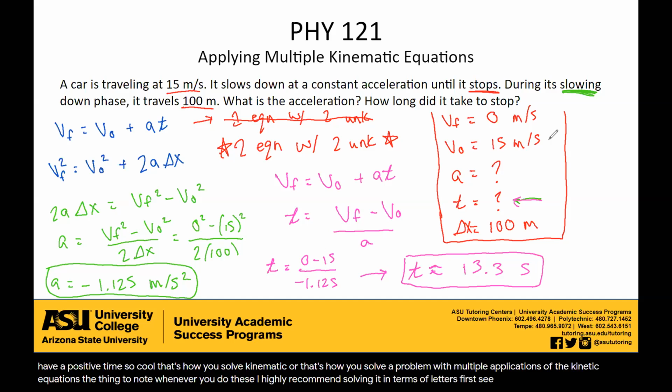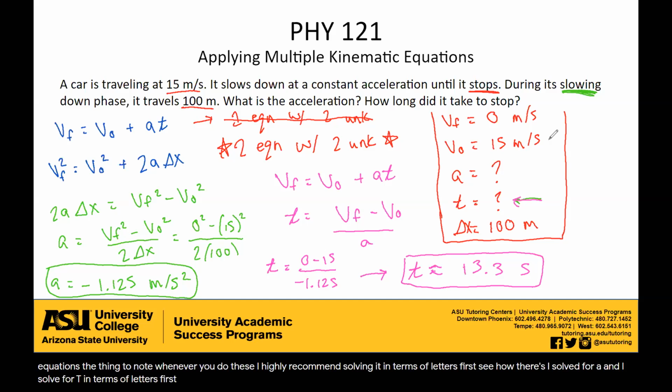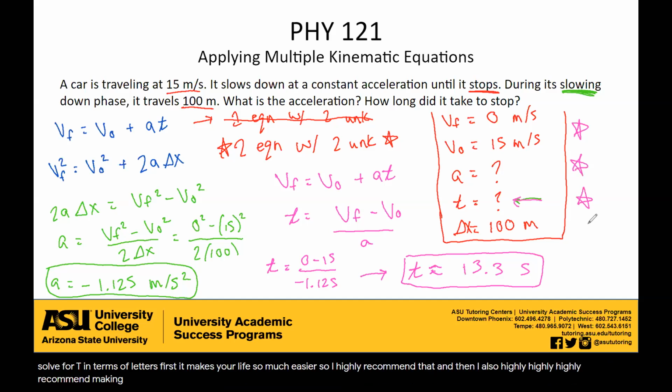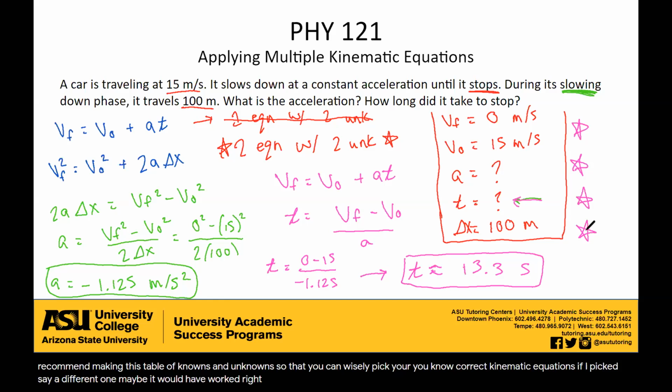See how I solved for a and for t in terms of letters first? It makes your life so much easier. I also highly recommend making this table of knowns and unknowns so that you can wisely pick the correct kinematic equations. If I picked a different one, maybe it wouldn't have worked.